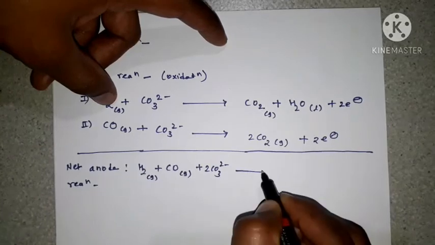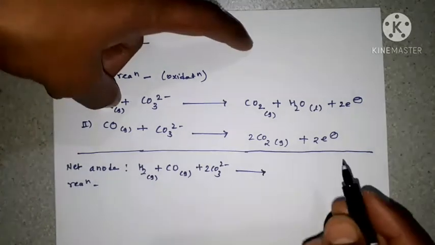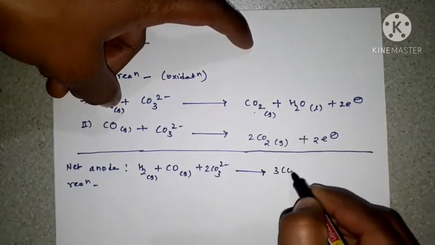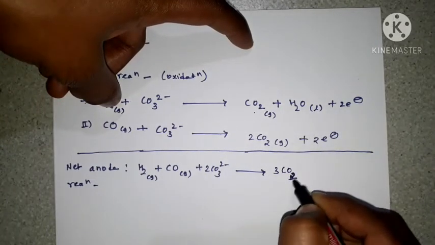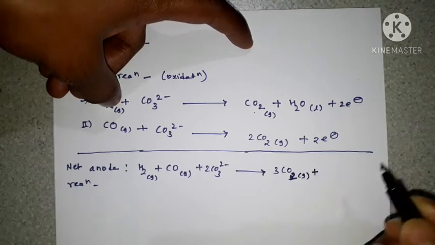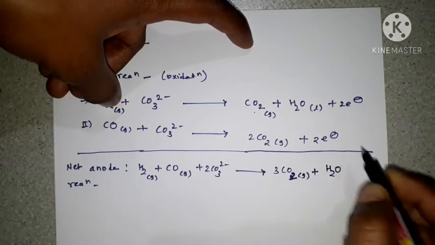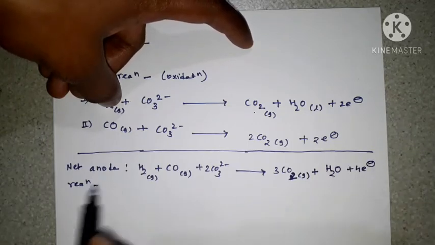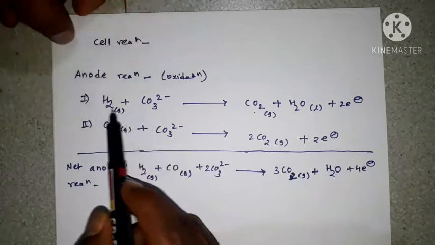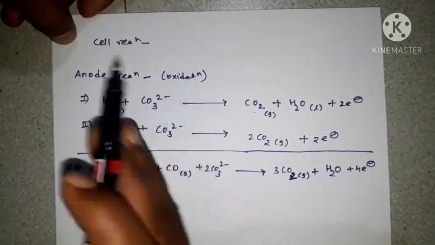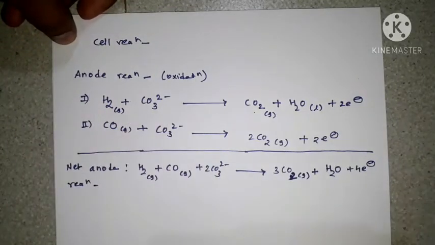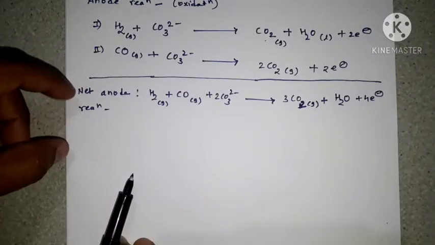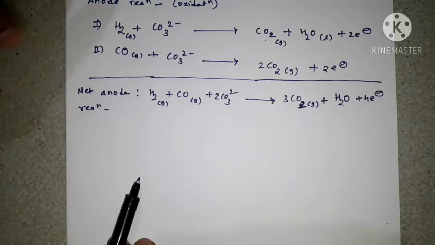Then on the right side, 1 CO2 plus 2 CO2, you can write 3 CO2 gas plus 1 H2O, and 2 plus 2 electrons is 4 electrons. Net anode reaction means the addition of all the left and right sides. So this net anode reaction is used for the further reduction process.